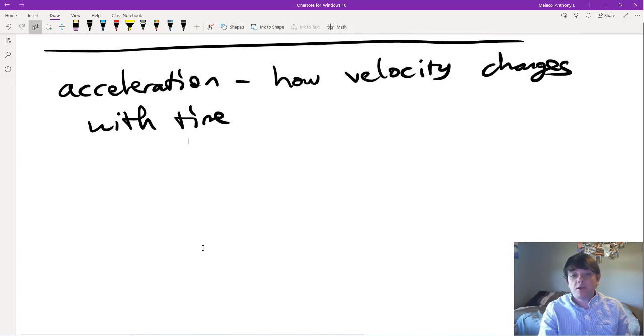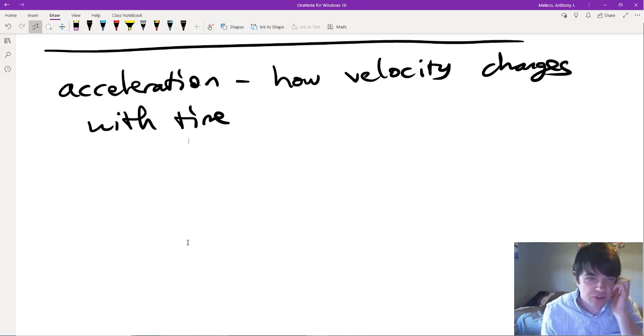There is another term that goes beyond acceleration, where it's how acceleration changes with time, and then how that term changes with time. It can infinitely go on, but for this class and for most people, discussion of acceleration is the only thing that's needed.